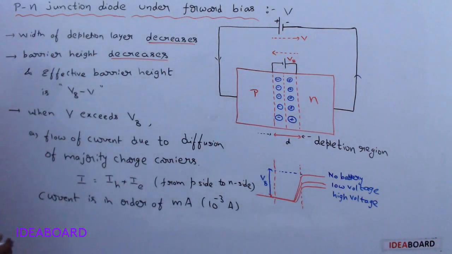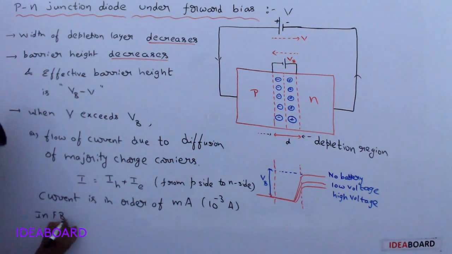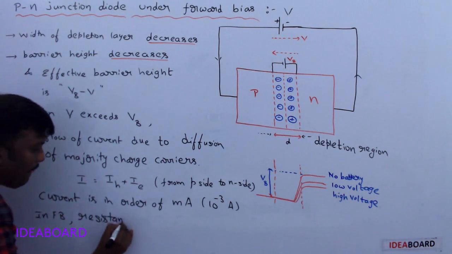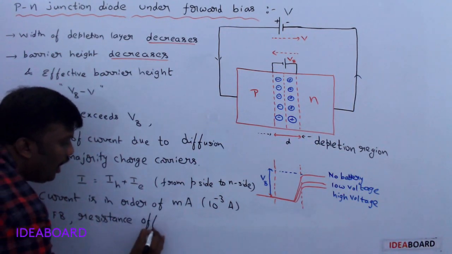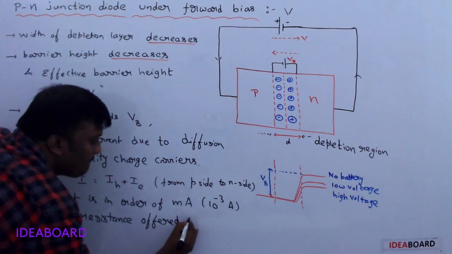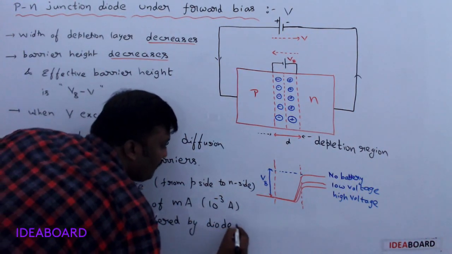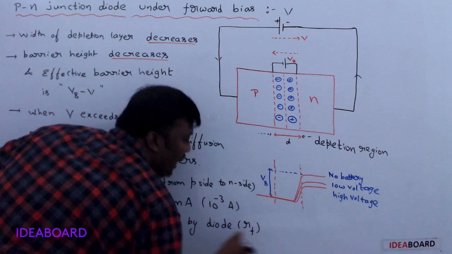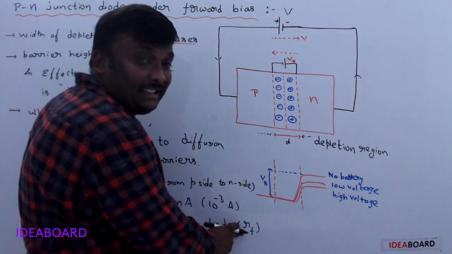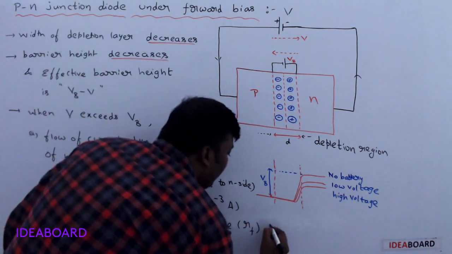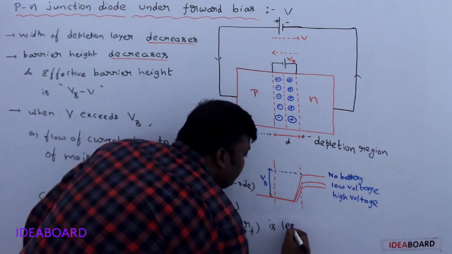So in forward bias, the resistance offered by the diode, denoted by RF, where R is the internal resistance and F indicates forward bias, is less.